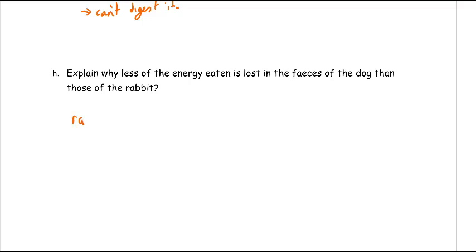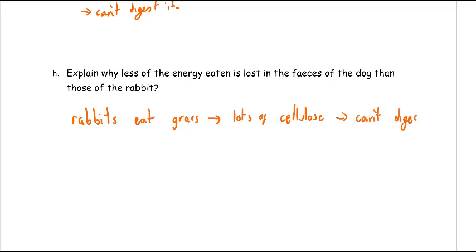So rabbits eat grass, which contains lots of cellulose, which it can't digest. So it goes into its feces.